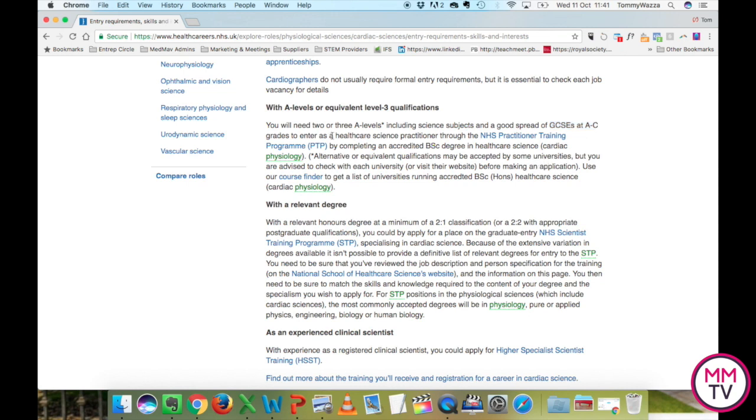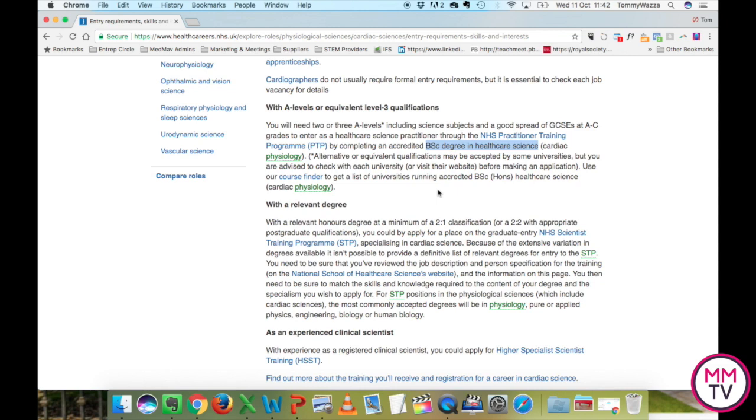Then to enter as a healthcare science practitioner, you need to go through something called the NHS Practitioner Training Programme, or the PTP, by completing an accredited BSc degree in healthcare science, cardiac physiology. So that is what we're going to look for now: where can we study for a degree in healthcare science that specialises in cardiac physiology?